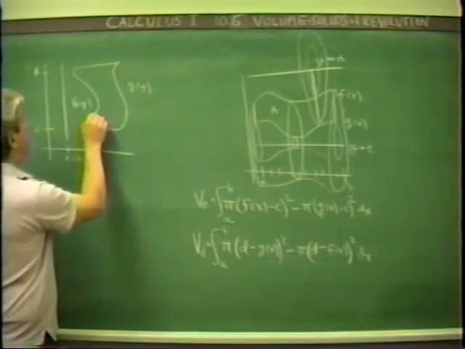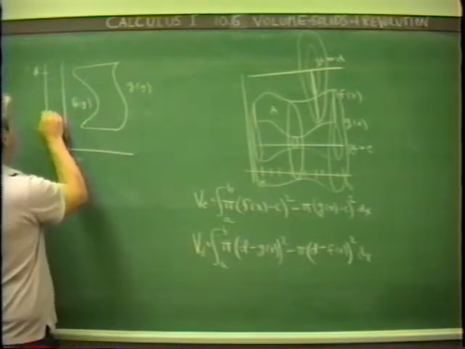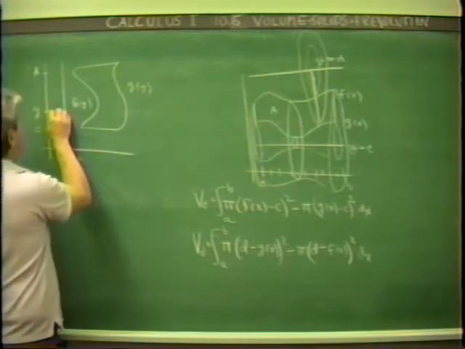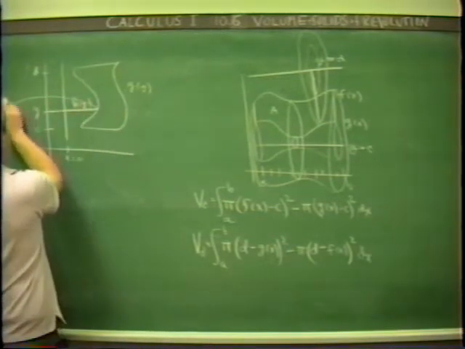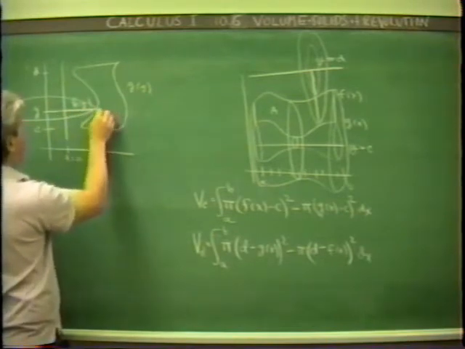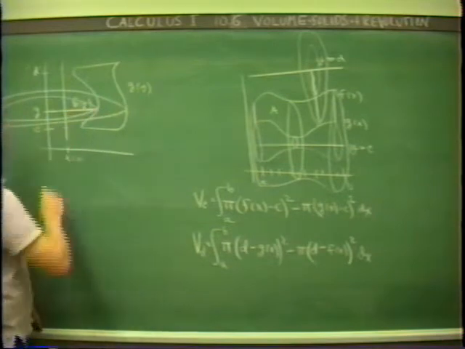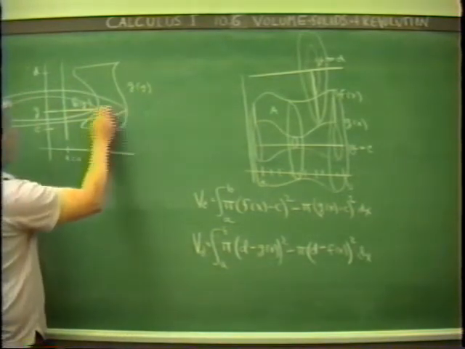Well, then you could perform the same operation here, except you would be integrating with respect to y. That's to say, at a point y here, the resulting object would have an inside hole and an outside radius like so, resulting in an annulus or washer shape here.